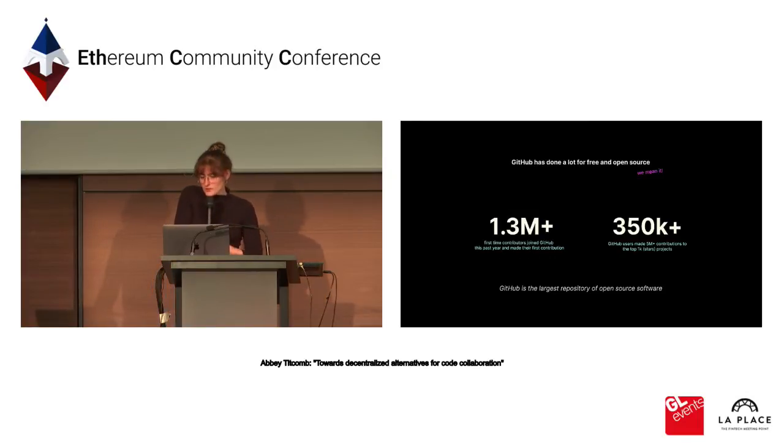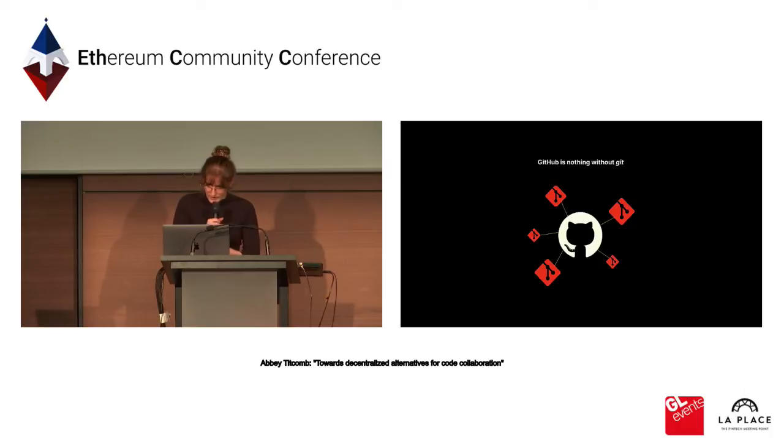And so because of this, GitHub has now become the largest repository of free and open source code, not just code, but collaboration, right? This is where everything is happening. This is where it's hosted, and this is where people are going to get engaged with the free and open source community.